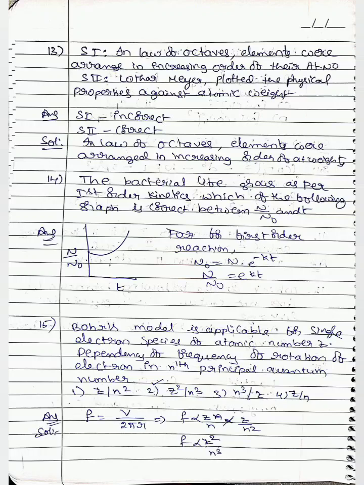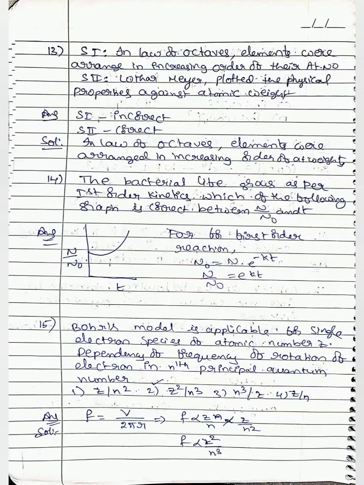So this time they have given. Interesting. So here if we consider the first statement, in Newlands law of octaves, elements are arranged in the increasing order of their atomic weights. So statement 1 is incorrect, but statement 2 is correct.